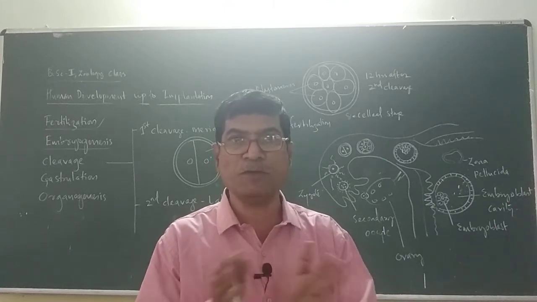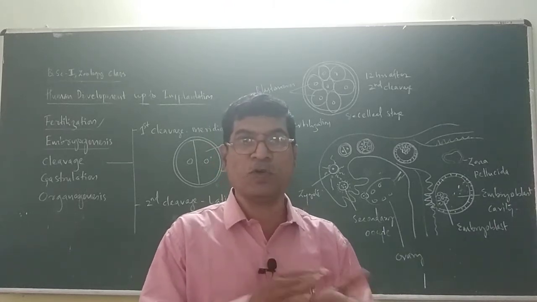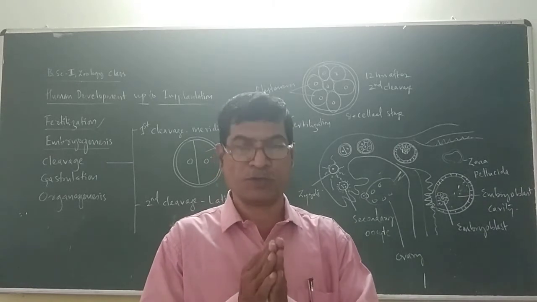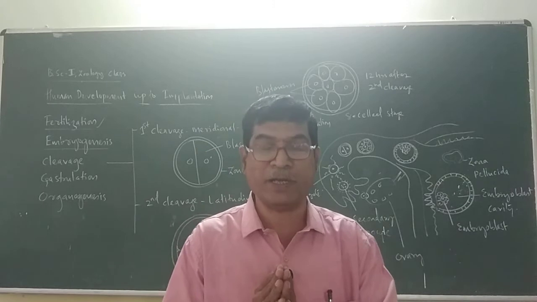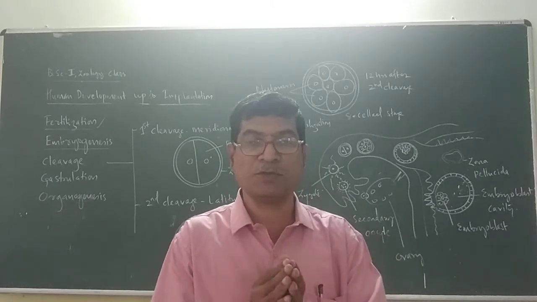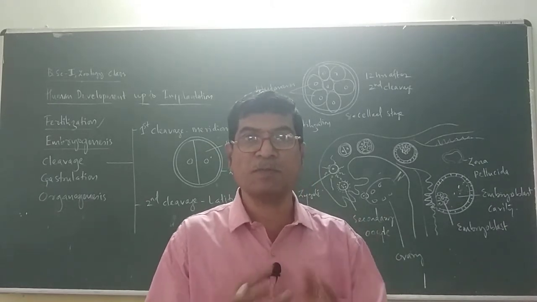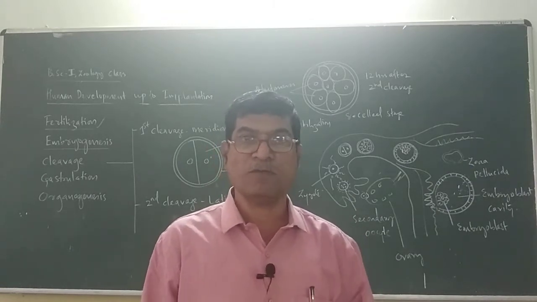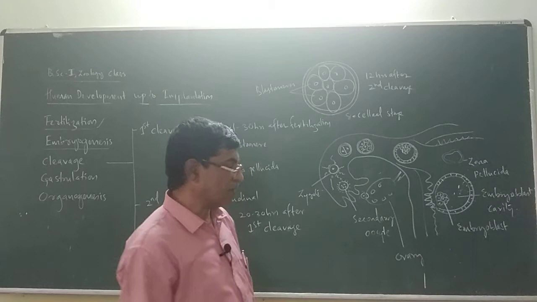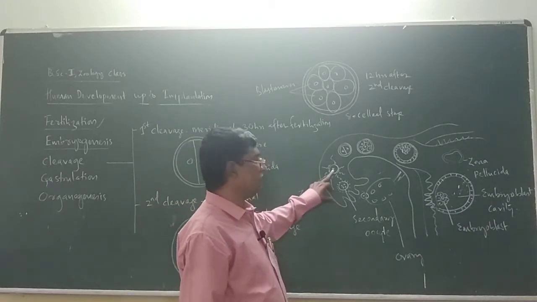Karyogamy means fusion of nuclei. Male pronucleus and female pronucleus are fused. This fusion is called amphimixis or karyogamy. After the fusion of these two, the number of chromosomes becomes 46. Two sets, 23 plus 23, 46 chromosomes are established in the egg.